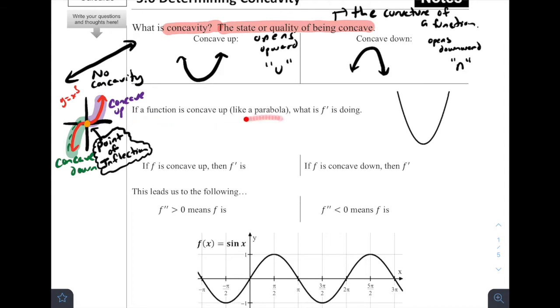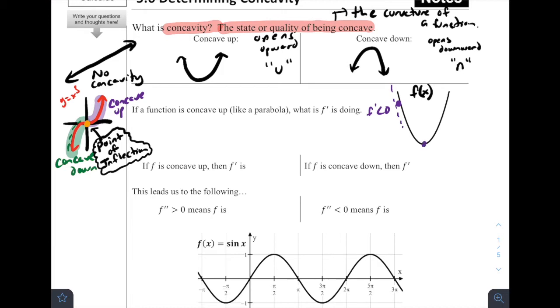All right, so let's take a look. If a function is concave up like a parabola, what is f prime doing? This is a graph of f of x, and we're talking about what f prime is doing. f prime is going to be our tangent lines. If I draw a tangent line over here, we notice that f prime is negative, that the slope of that tangent line is negative.